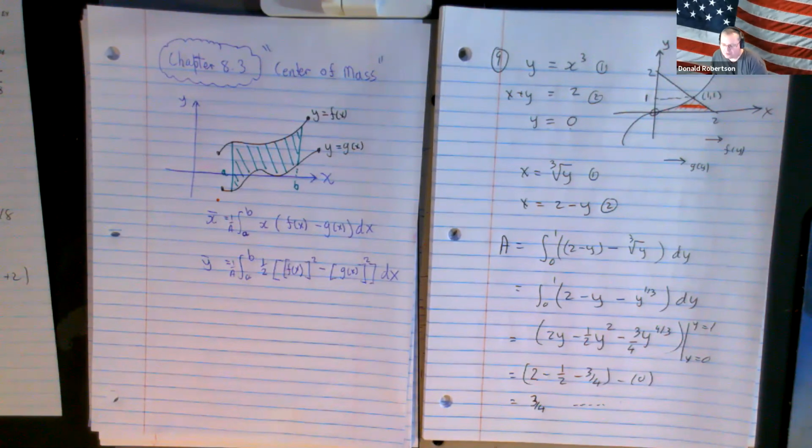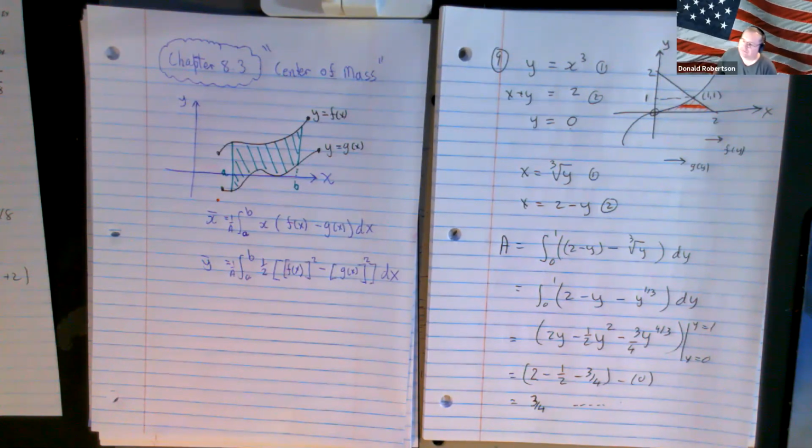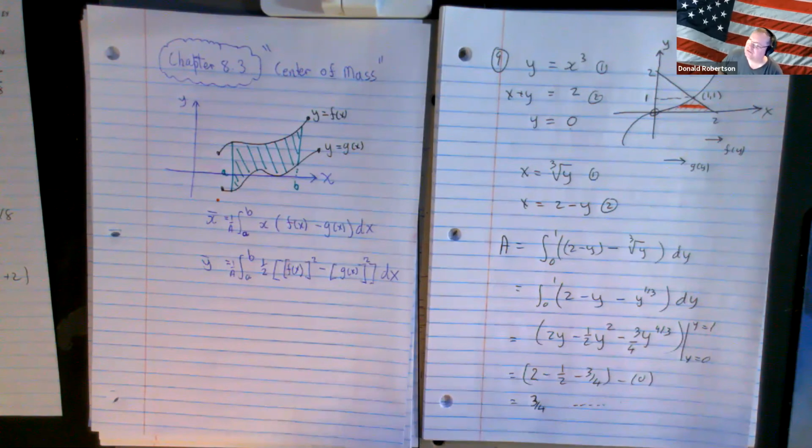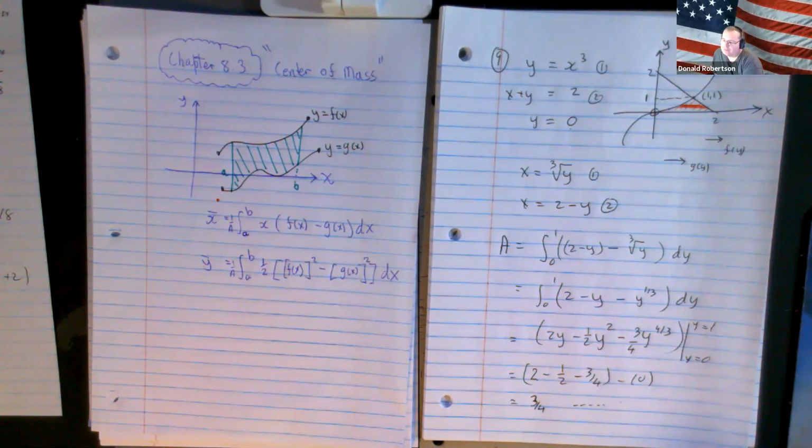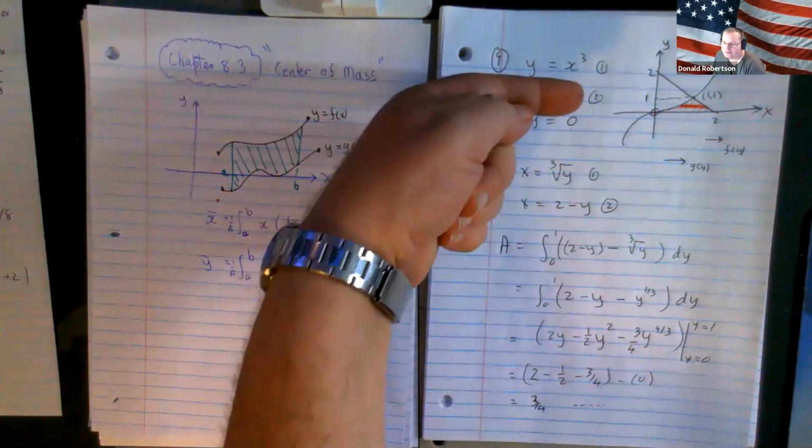As far as I know, this is the only question in the homework where changing the orientation, so you do it with y's instead of x's, is necessary to get the answer. Do you think x bar and y bar are going to be the right way around if I'm orientating this way?